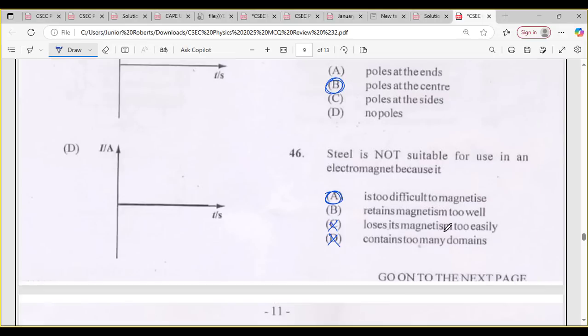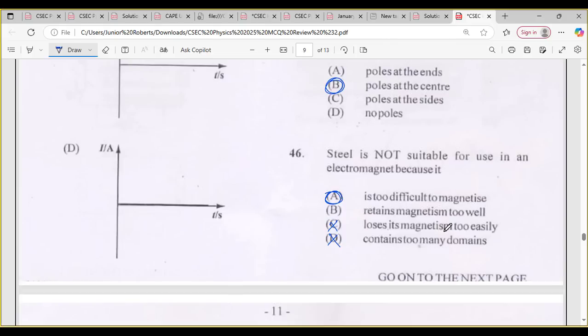Again, what we say now is that an electromagnet needs to be easily magnetized. Because steel is not easily magnetized, that causes it not to be the most suited choice for an electromagnet.